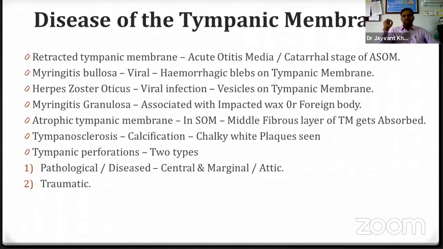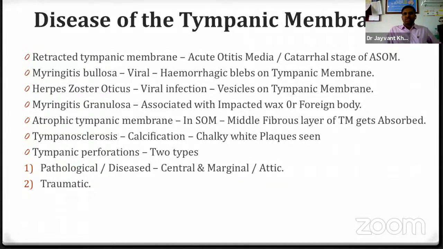This condition is seen in acute otitis media or the catarrhal stage of acute suppurative otitis media. Why? Because the pathology is moving towards the middle ear cavity from the nose.